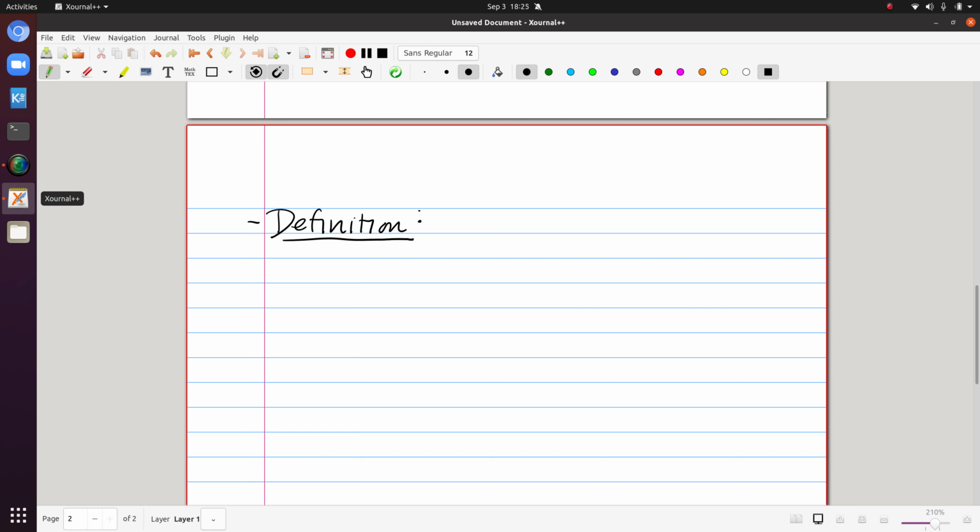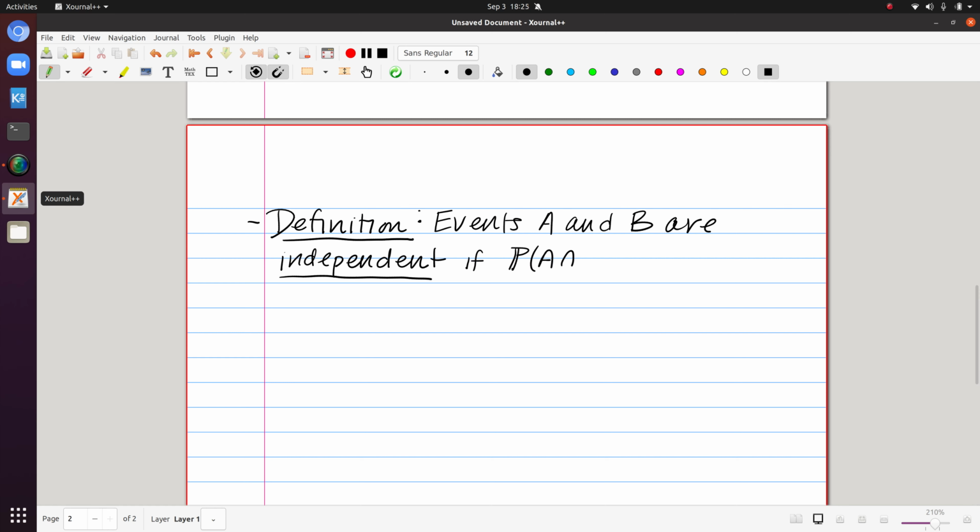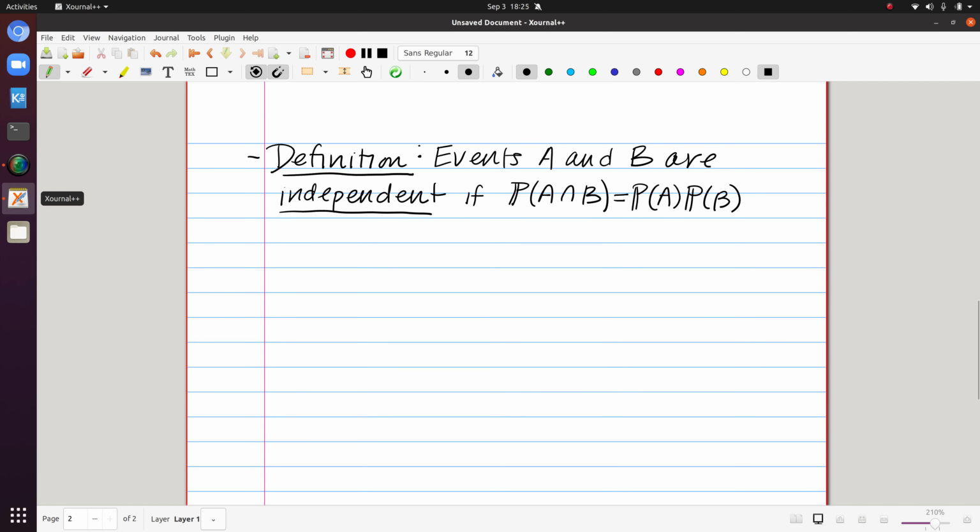So here we're going to say events A and B are independent if the probability of A intersect B, which again, remember that's and, is equal to the probability of A times the probability of B. So this is going to be our mathematical definition of independence.